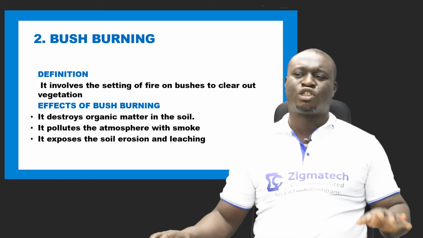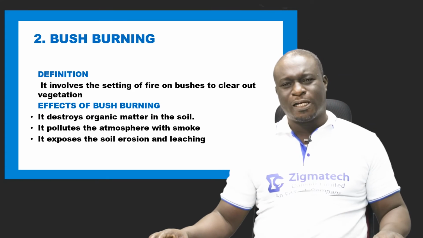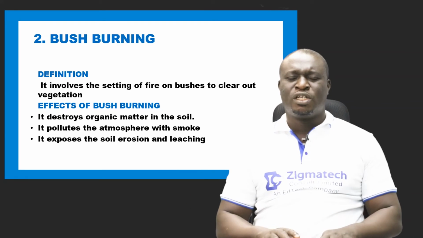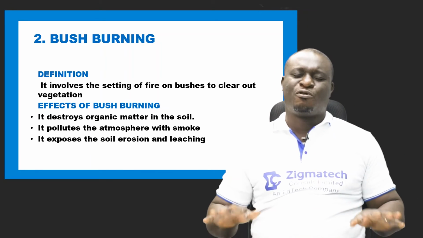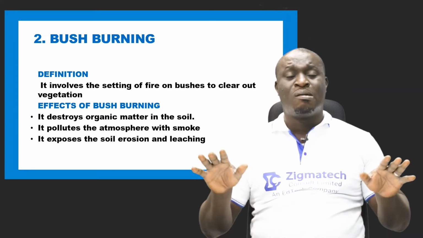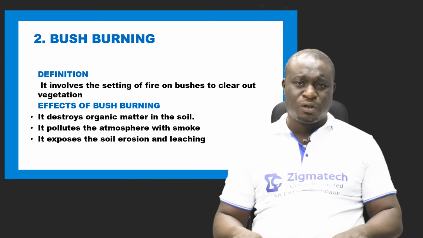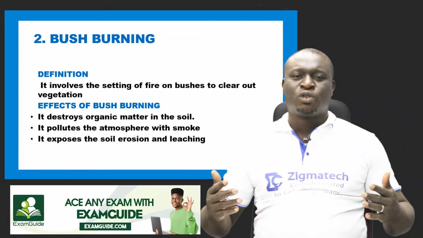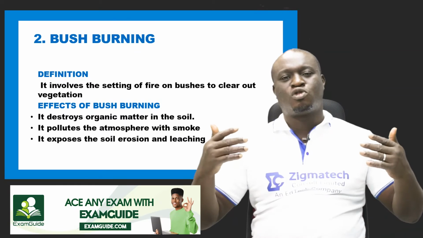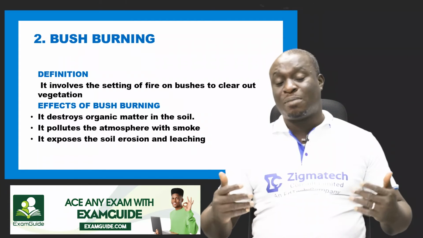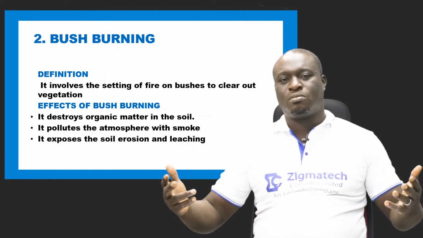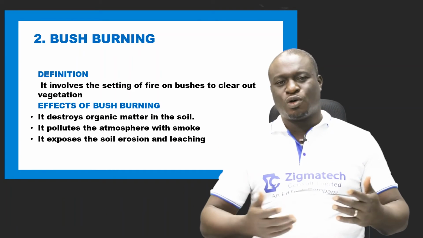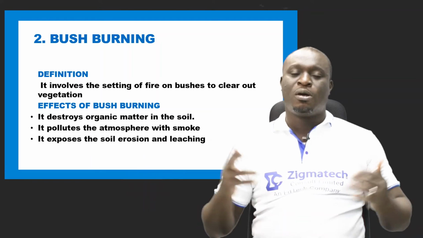Number 2 here is bush burning. Bush burning is simply setting fire to bushes in order to clear out vegetation. Now, you'll find this agricultural practice mostly in African countries, where farmers may not have so much capital to employ machineries to clear a particular huge piece of land.